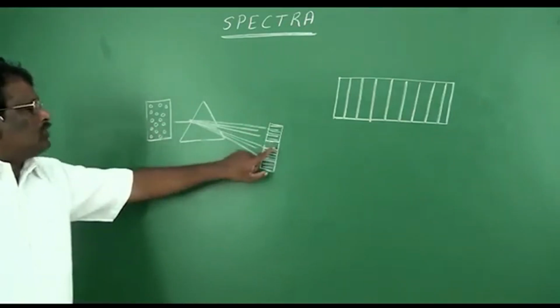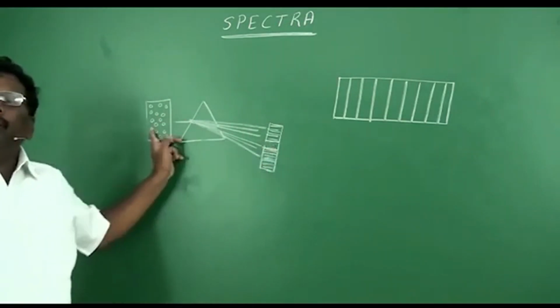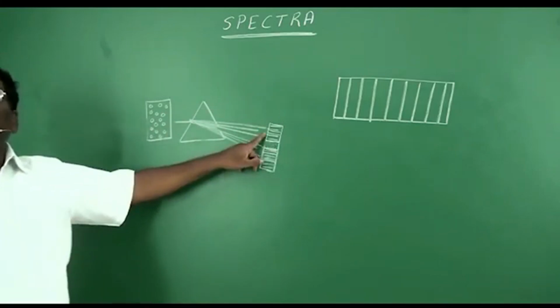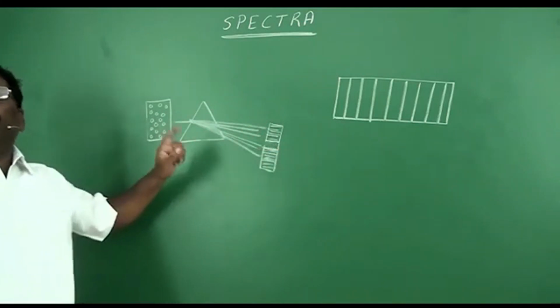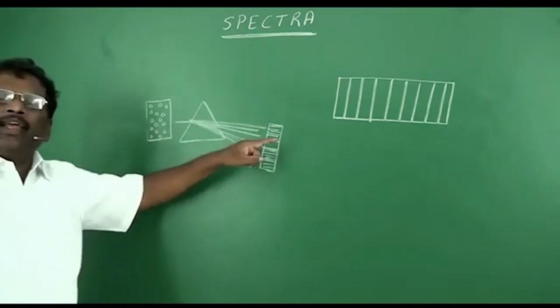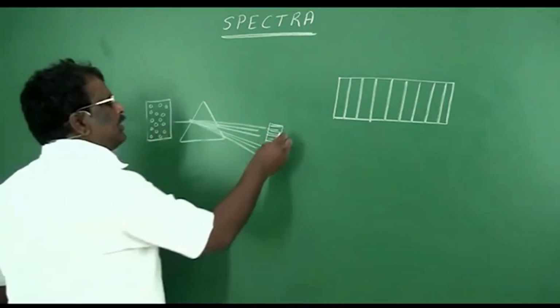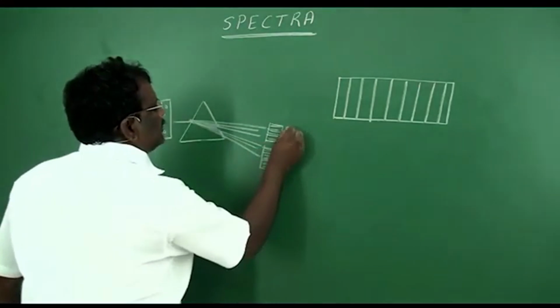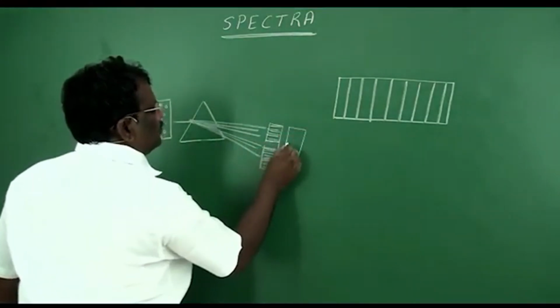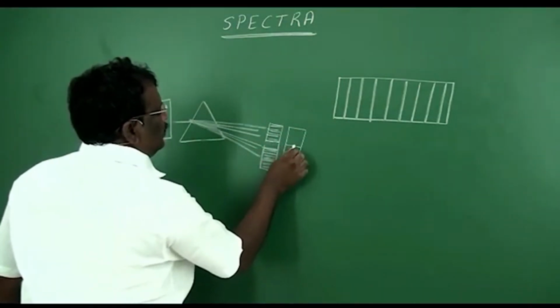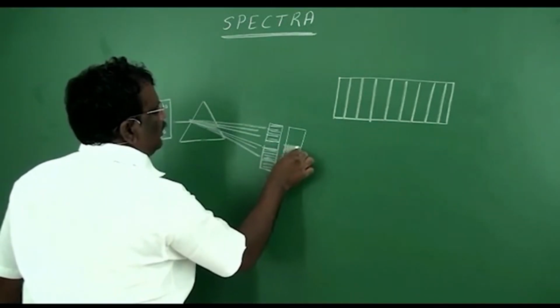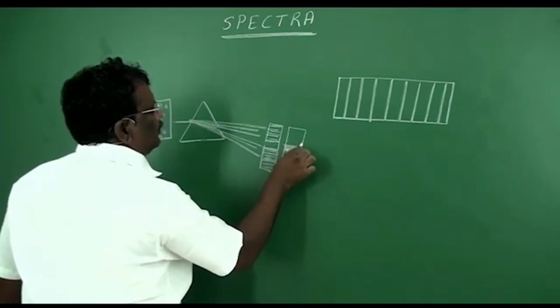The wavelength which was absorbed will be emitted out. If you record the spectra while atoms are emitting energy, that spectra is said to be emission spectra. In the spectra, you will find white lines on a dark background.